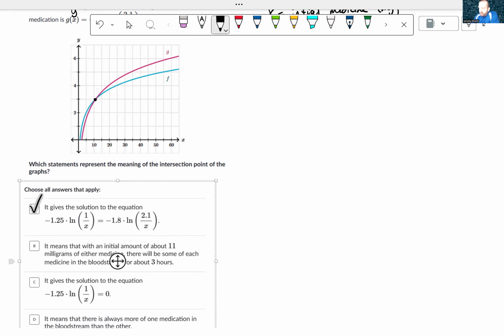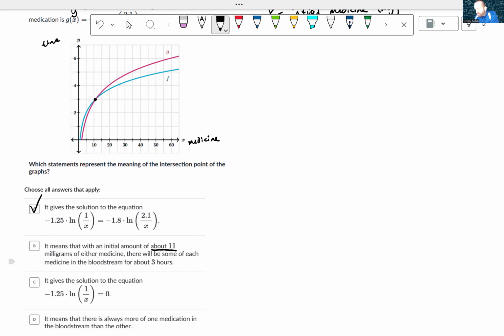We're talking about a rough estimate of about 11 milligrams of medicine. So yes, there's about 11 milligrams on the blue there. And yes, there's about 11 milligrams on the pink g of x graph. So that part's true. Now it just says that after 3 hours, so y is the time. I forgot to write that earlier. So y is the time, and this is the medicine amount.